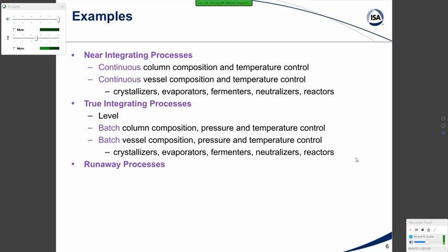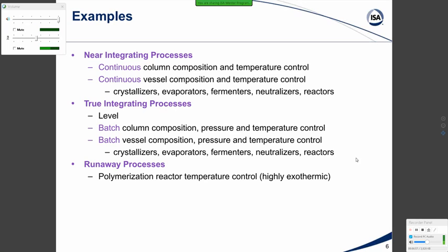Then we have runaway processes, and these are polymerization reactors, temperature control, highly exothermic. You could take the position, well, this should never happen, it's poorly designed, but I've been in several polymer plants where it does happen. Polymer reactions just take off, and I've been in the control room where that happens.